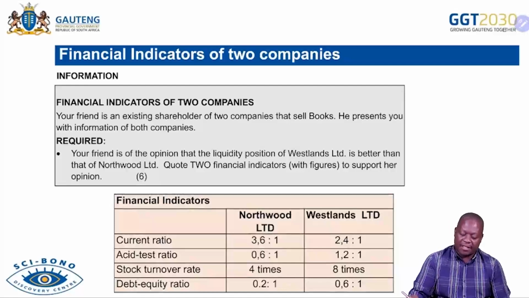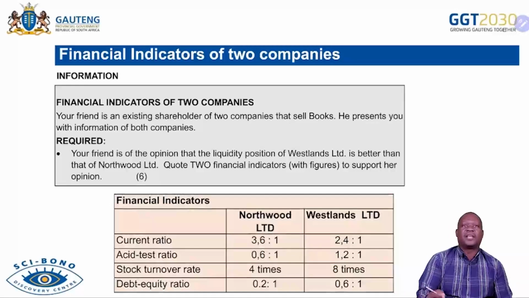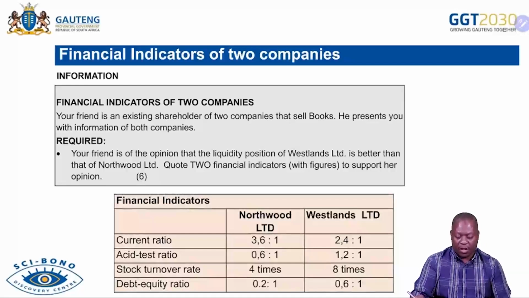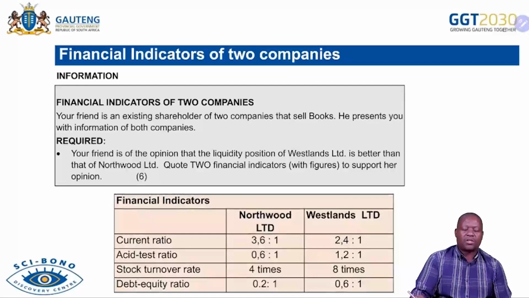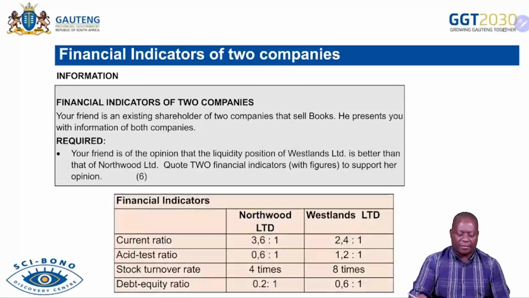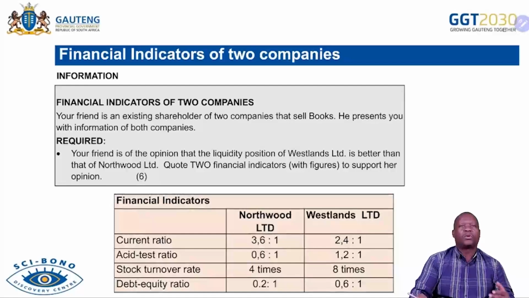And then acid test ratio 1.2:1 for Westland and 0.6:1 for Northwood Limited. Stock turnover rate, Westland 8 times, Northwood 4 times.